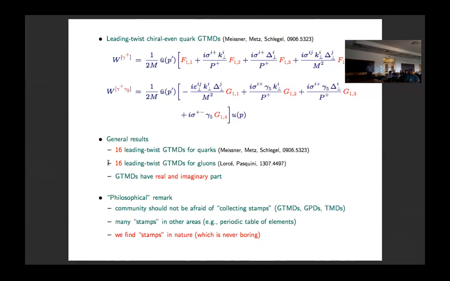So the attitude which one can take here is: these are the stamps that we find in nature, and I dare to say that nature is never bored. So I don't want to put myself in a defensive position if I show such a number. But again, I know one can have different opinions about it.